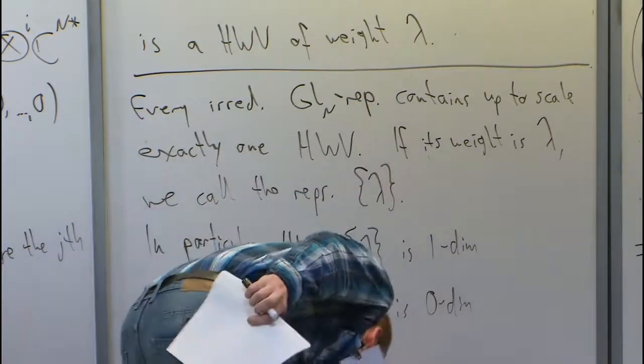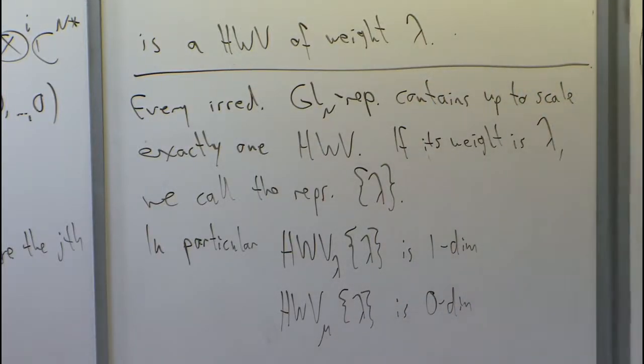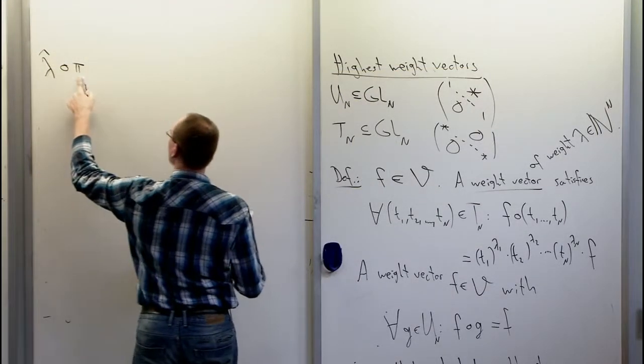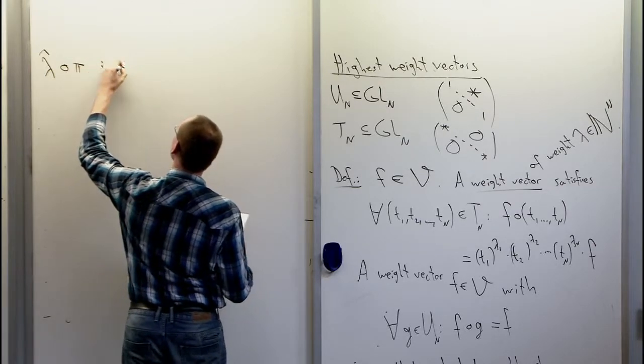So you get more highest weight vectors when just applying elements of the symmetric group to this highest weight vector. So you get more. And we want to have more. We want to have all the highest weight vectors that we can get. So that's what you do. So the X's commute. So what we have is not only lambda hat is the highest weight vector, but also lambda hat, if you apply pi, is the highest weight vector.